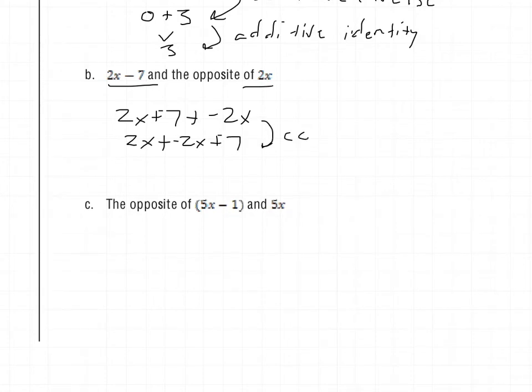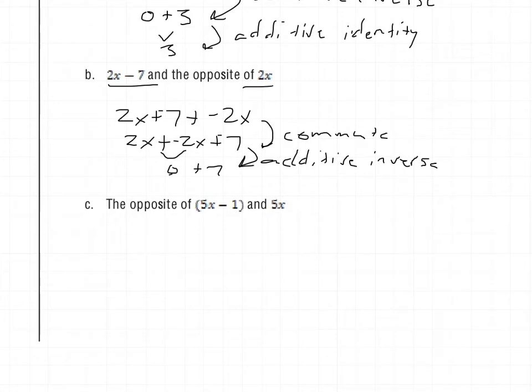This is adding the opposites, so this is our additive inverse. And 0 plus 7, 7. Additive identity. Adding 0 doesn't change the value, doesn't change the identity of that number.